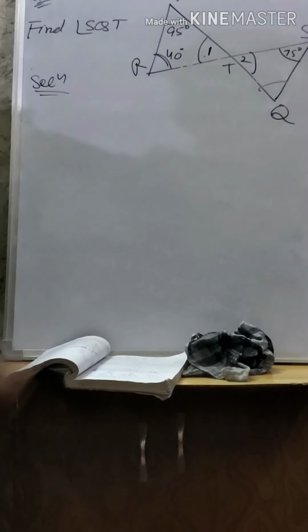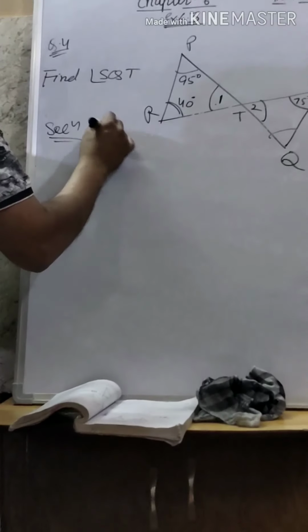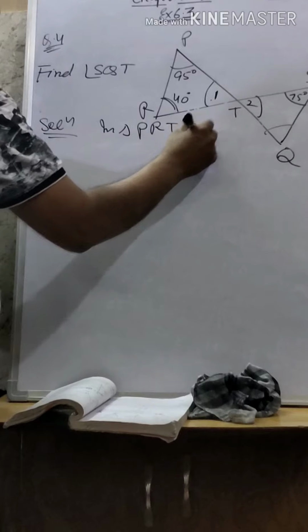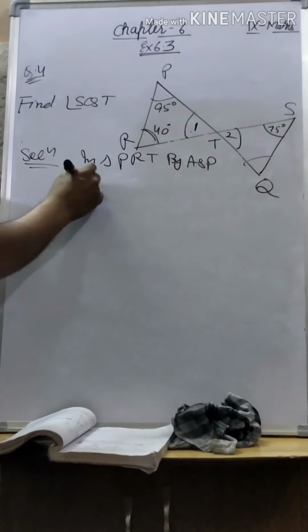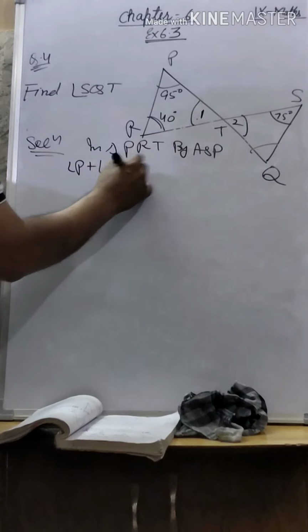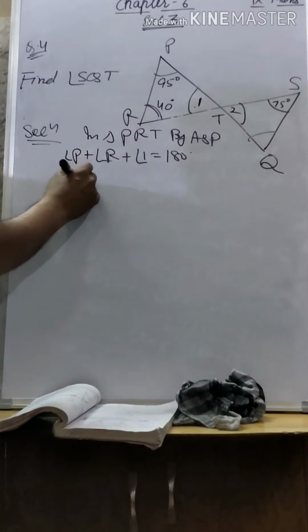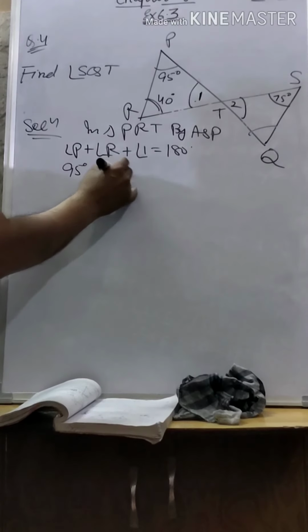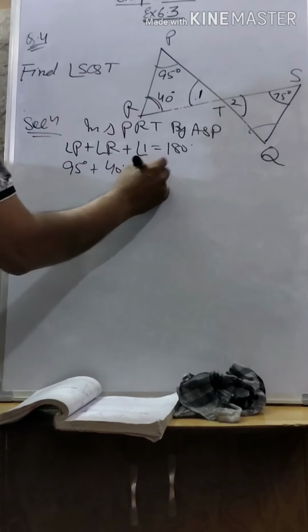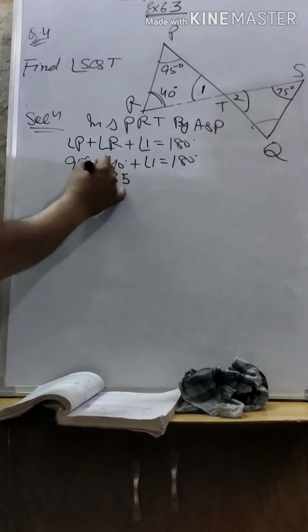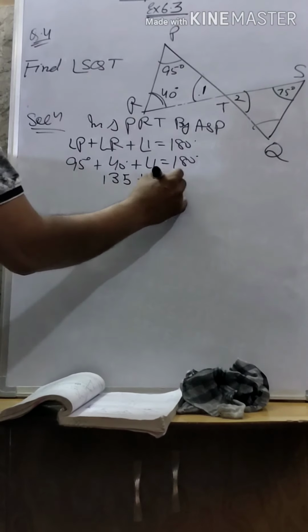Now, I am doing it step by step. In triangle PRT, by the angle sum property, angle P plus angle R plus angle 1 is equal to 180. 95 degrees plus 40 degrees is 135, plus angle 1 is 180 degrees.